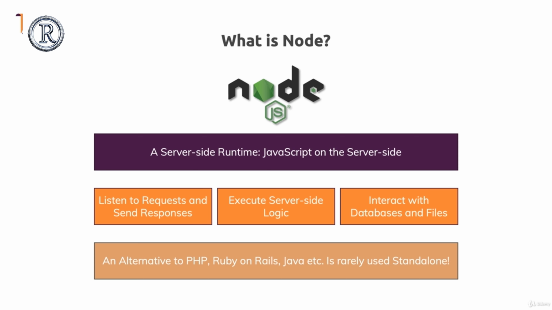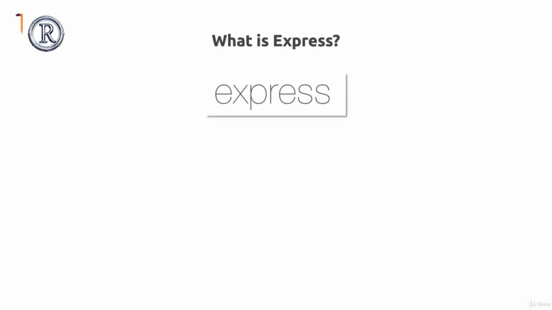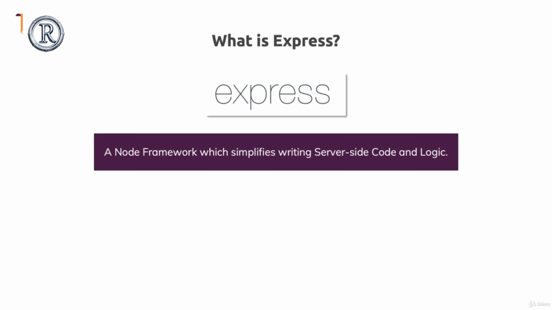Instead, typically, we use it combined with Express. And Express is a Node.js framework, so we still write Node.js JavaScript code, but we get utility functions and a certain way of structuring and building our applications, so a certain rule set we adhere to basically, which makes building Node.js applications much, much easier.